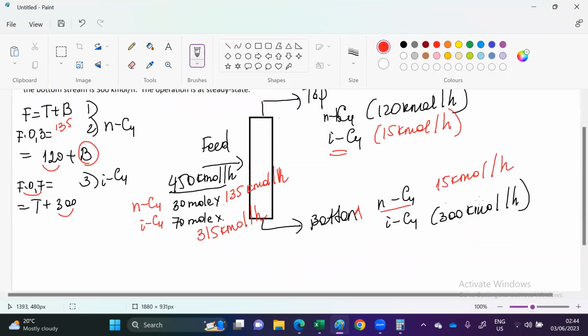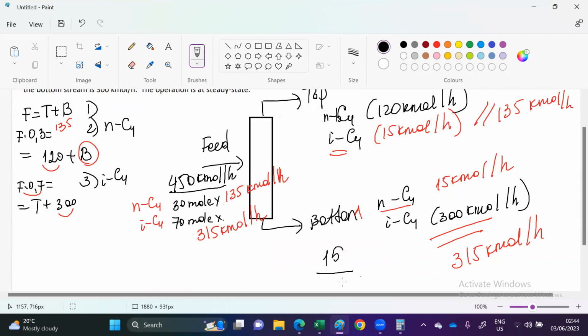Mole fraction of N-butanol in the bottom stream. So in the bottom stream, how to find the fraction? Overall, this is 315 as you see. Okay, and this is 135. To find the NC4 composition, it will be what? 15 individual over total multiplied by 100 percentage.